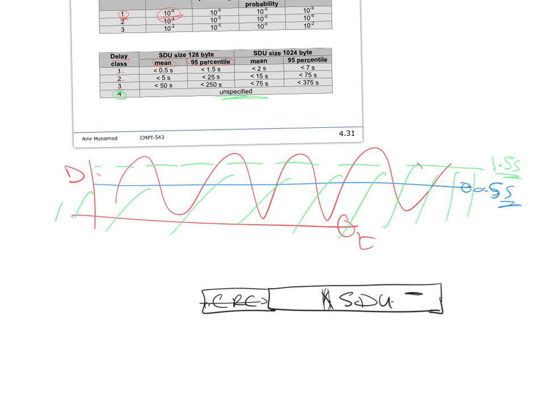If you know that the channel now has a higher probability of errors, then you increase the CRC and reduce the data rate. If you know that the channel is in a good state, then you reduce the CRC and increase the data rate, and so on. Is that clear? So that's also another way, what we call adaptive coding schemes, that you can use to provide different types of data services.